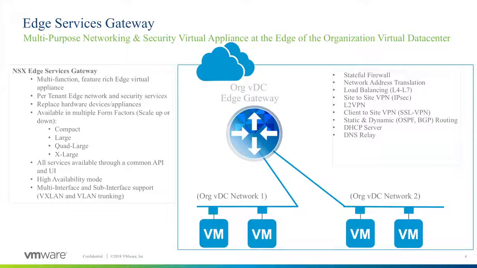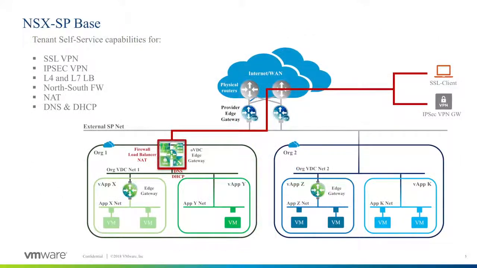Services provided by the Edge Gateway could be mapped to three NSX bundles. The NSX Base bundle provides tenant self-service capabilities for services such as SSL VPN, IPSec VPN, L4 and L7 load balancer, North-South firewall, network address translation, DNS, and DHCP.